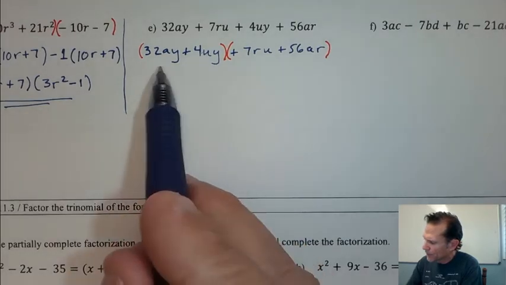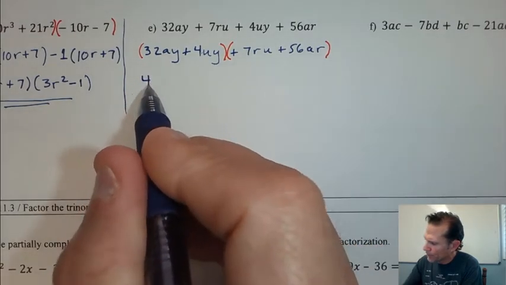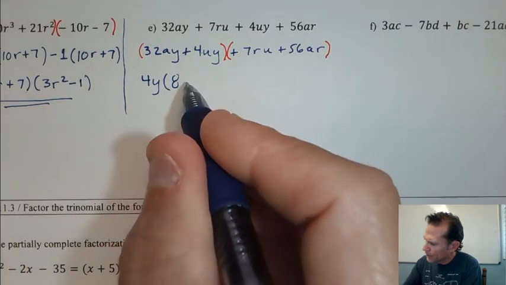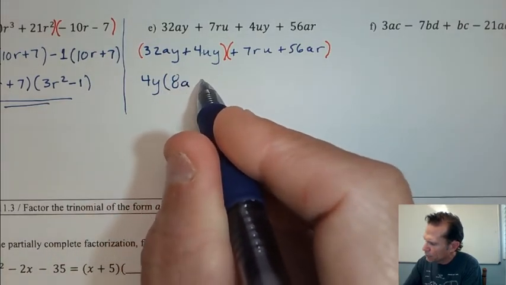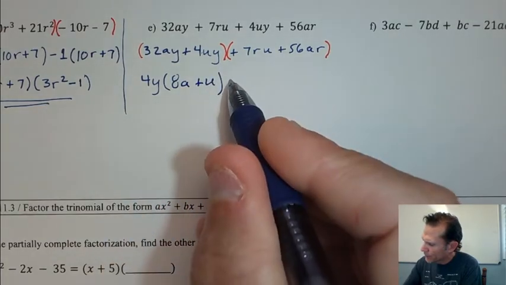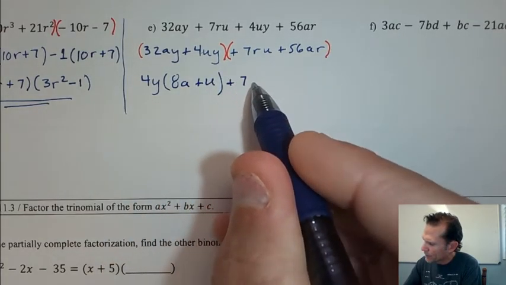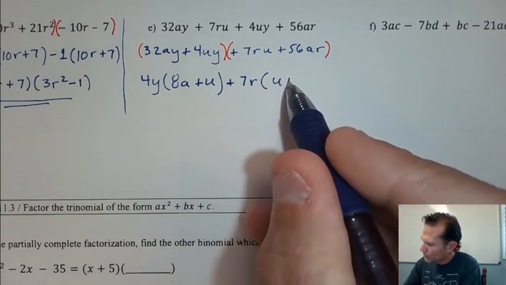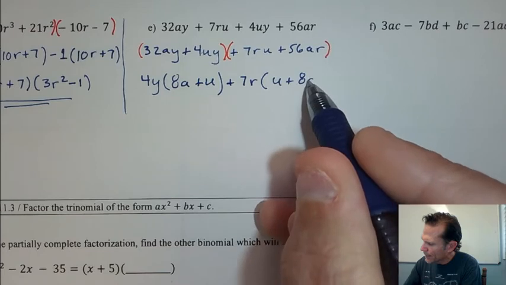So in this binomial, I can pull out a 4y, and I'm left with 8a plus u. In this binomial, I can pull out a 7r, and I'm left with u plus 8a.